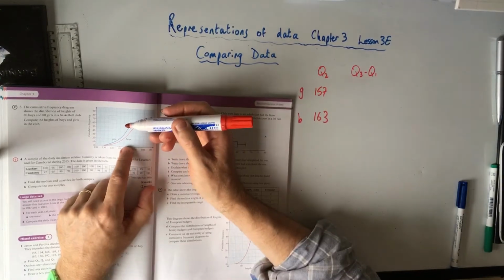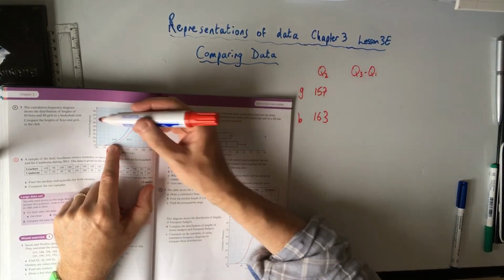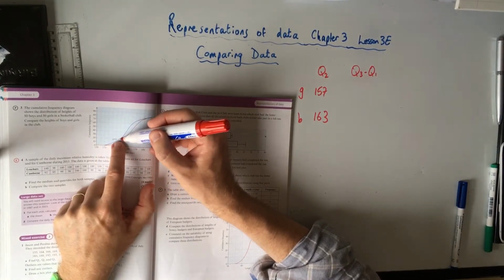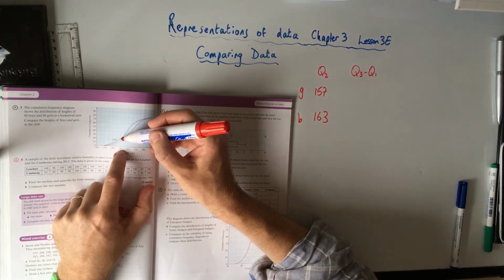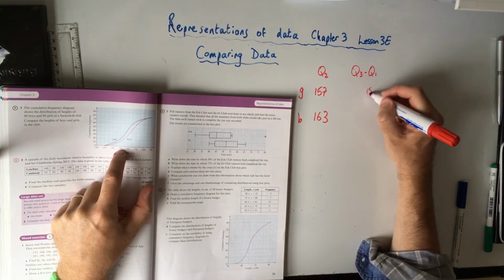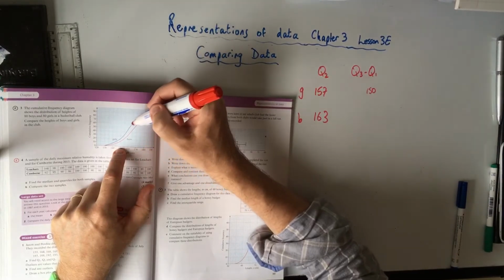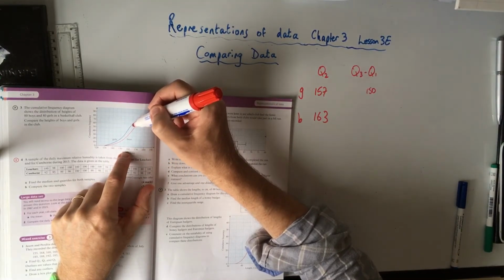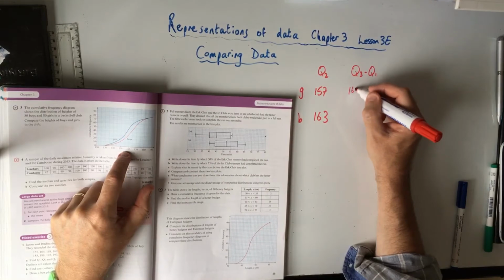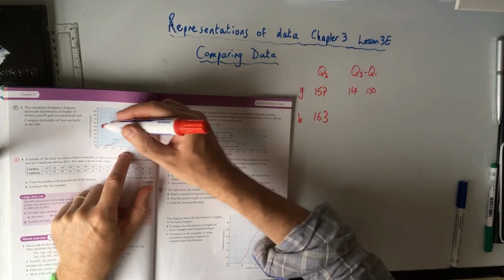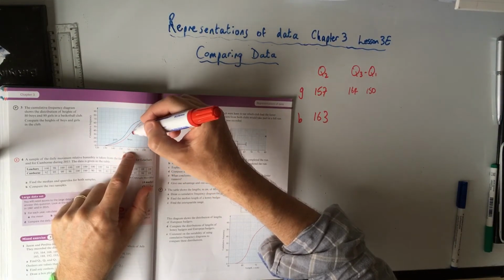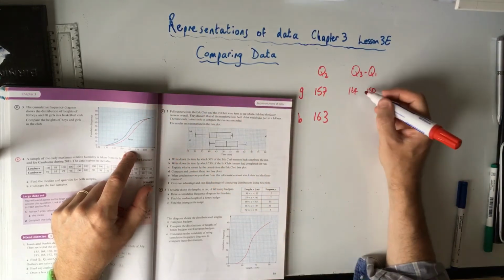And then the spread: it's 80 pupils, a quarter of that is 20. For the girls, the lower quartile is 150, and the upper quartile going across from 60 is about 164.